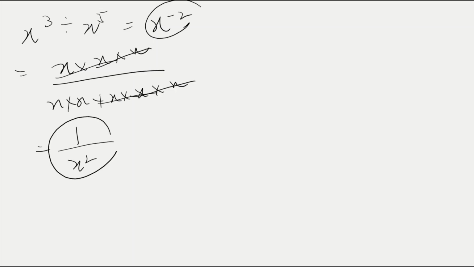So 1 over x squared is actually x to the power of negative 2. So this says that the rule for indices is x to the power of negative m equals 1 over x to the m.